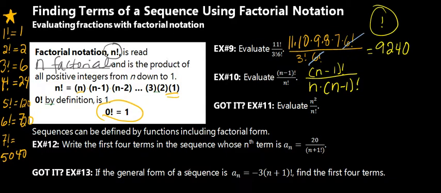And I choose to do that because I can easily cancel out the numerator with that n minus 1 factorial on the bottom there. And if I were to simplify, this really equates to 1 over n, a much simpler way to represent this. I'd like for you to complete the Got It example number 11, so go ahead and pause the video and we'll go on.